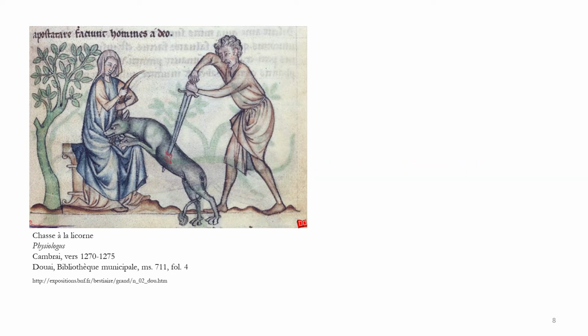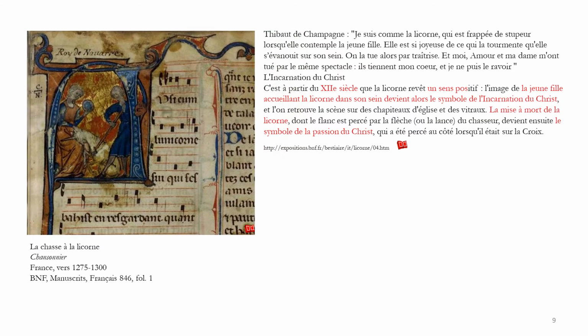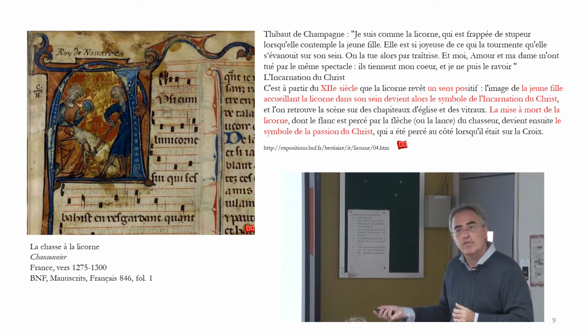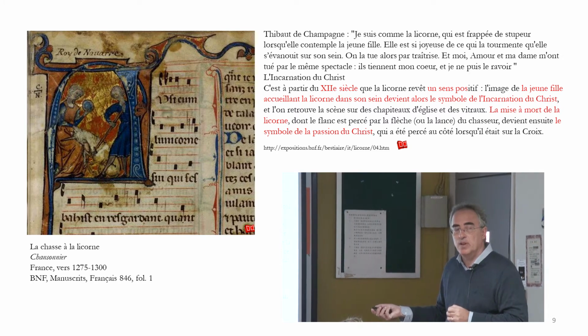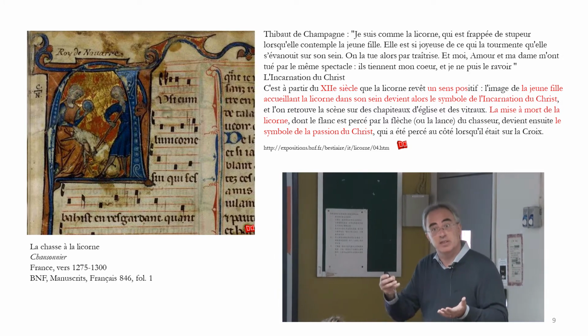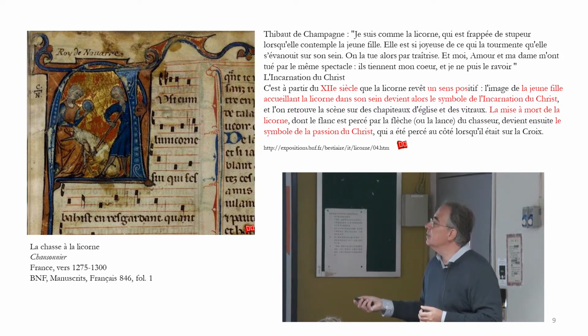Basically, they started to think of the unicorn as Jesus, whose sacrifice, whose passion, death, is represented through the hunt of the unicorn.